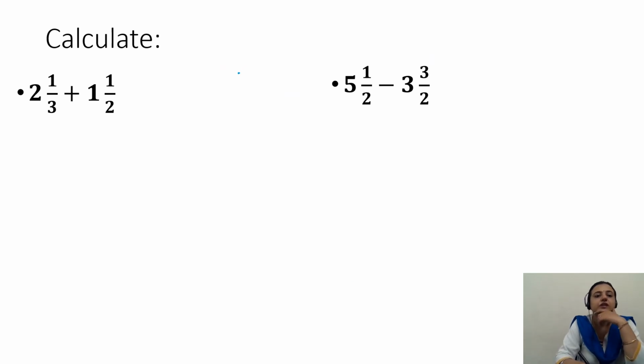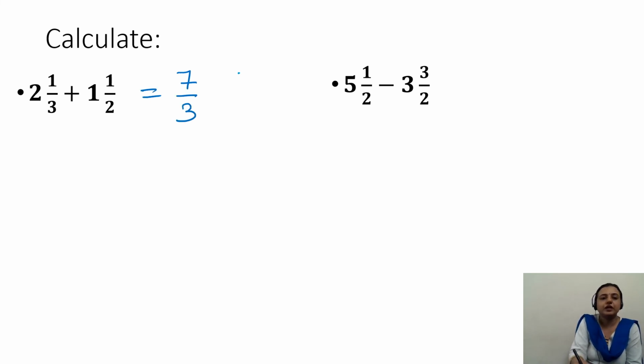Now, calculate 2 integer 1 upon 3 added to 1 integer 1 upon 2. So simply add. Look at here, these are mixed fractions. So first we need to convert these mixed fractions into improper ones. So this is 7 upon 3 plus 3 upon 2.